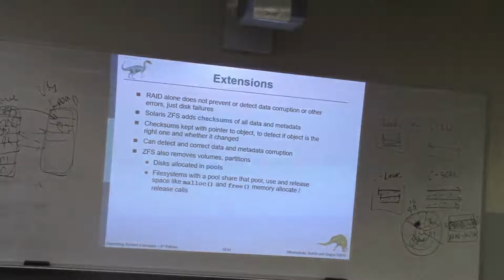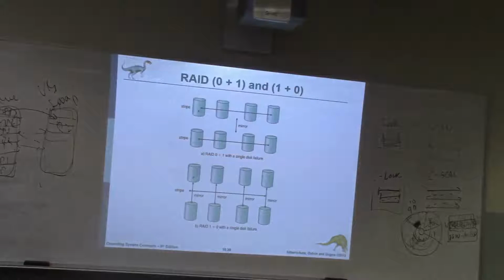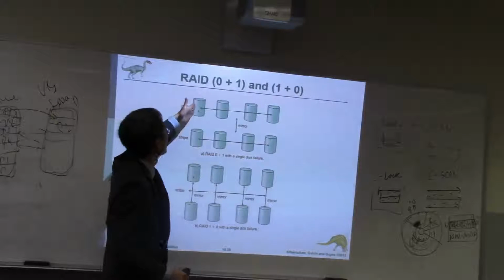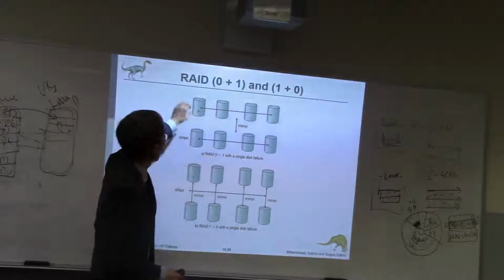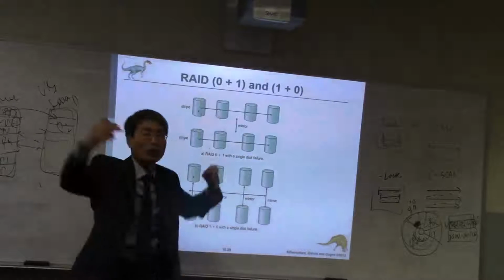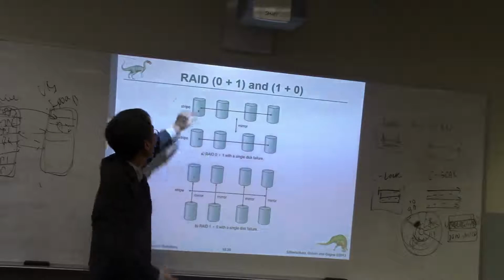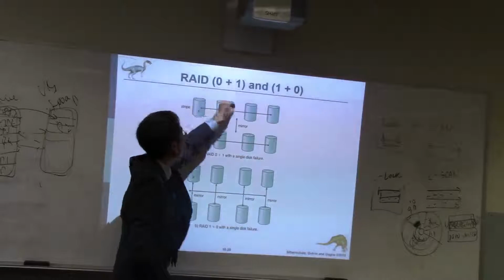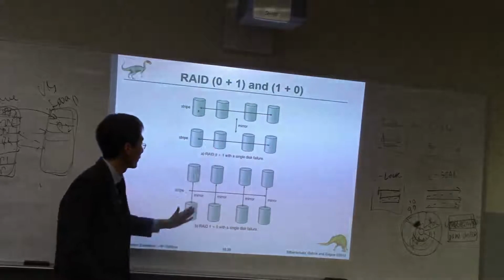Is there one that's inherently better than the other? Is 1 plus 0 better than 0 plus 1? Or is it pretty much the same? It's slightly different, because when you write the data, you need to find the location first. Then it will be striping.